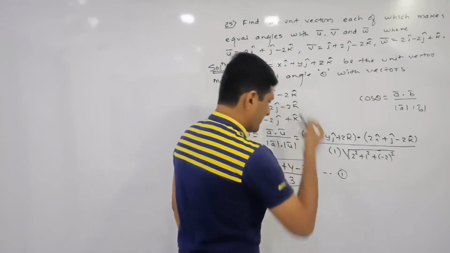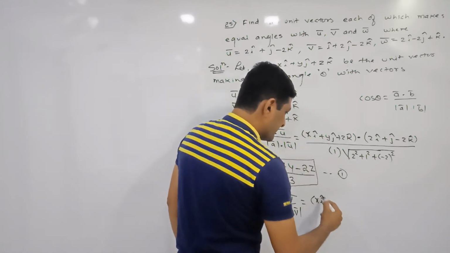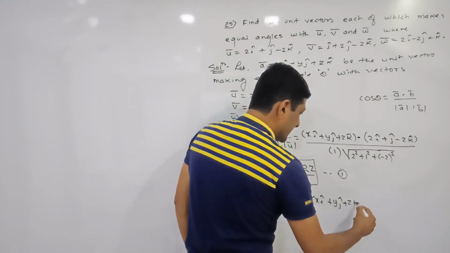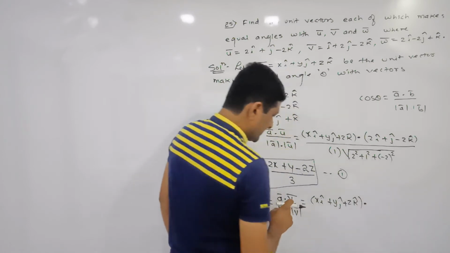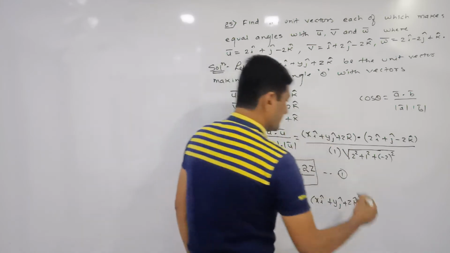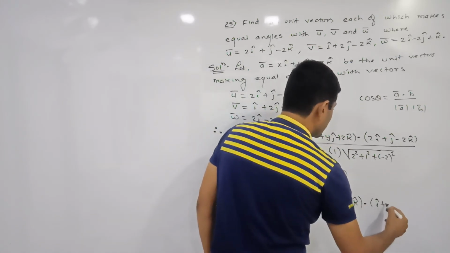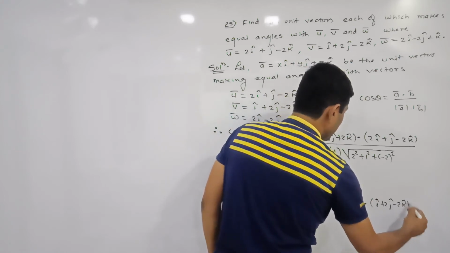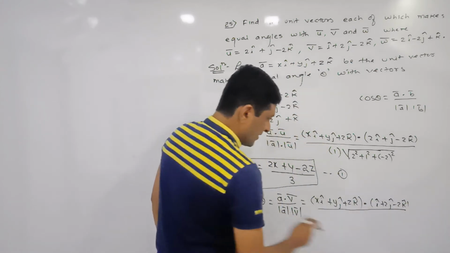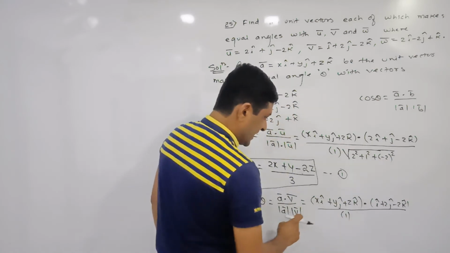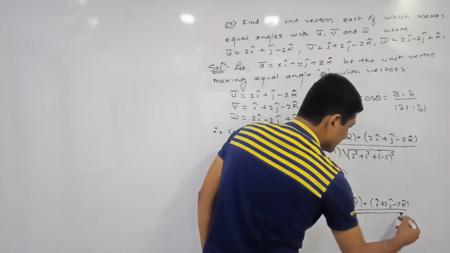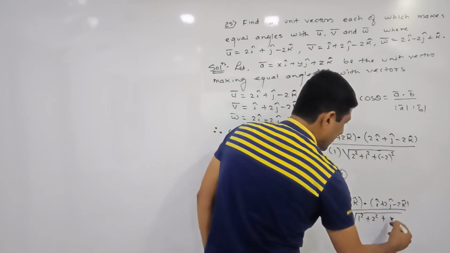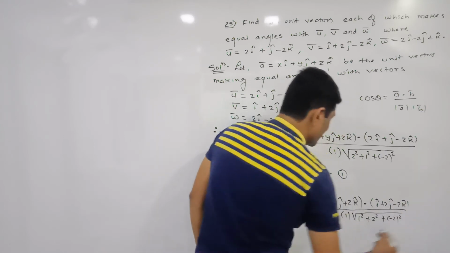Substitute the value of A bar, where A bar is xi cap plus yj cap plus zk cap. Keep the dot as it is. Substitute the value of V bar, which is i cap plus 2j cap minus 2k cap, divided by the magnitude of A bar, which is 1 because it is a unit vector, and the magnitude of V bar, which is 1 square plus 2 square plus minus 2 square. Let us simplify.